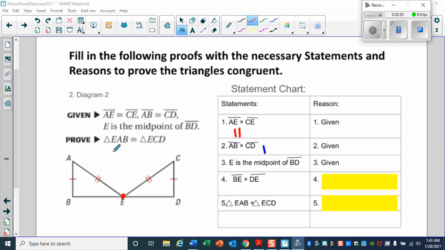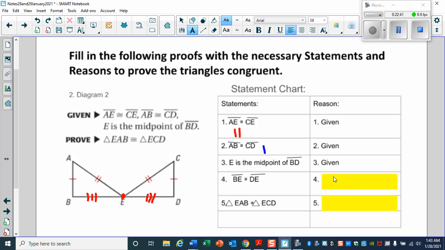Now since E is your midpoint of BD, we could say that BE is congruent to DE. And basically this is because of the definition of a midpoint.